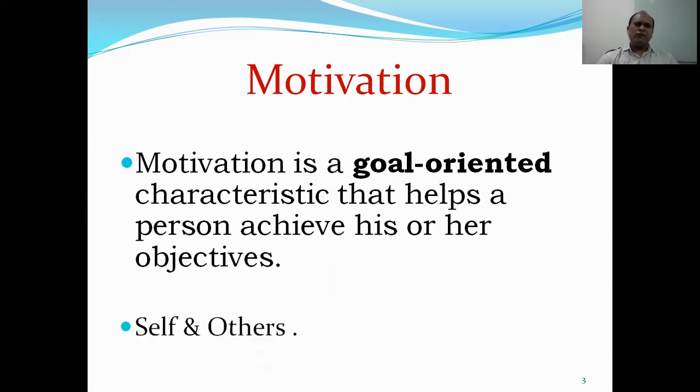Now here, if you understand this particular motivation, the benefit is you can use it for yourself and for others. I would like to highlight that if you want to motivate others, the first thing you need to understand is how to motivate self. The whole concept of psychology revolves around the idea that if you are not comfortable with somebody's behavior, let it be in your family members, your colleagues, your working culture, you cannot do much about it, but you need to have your own perspective.